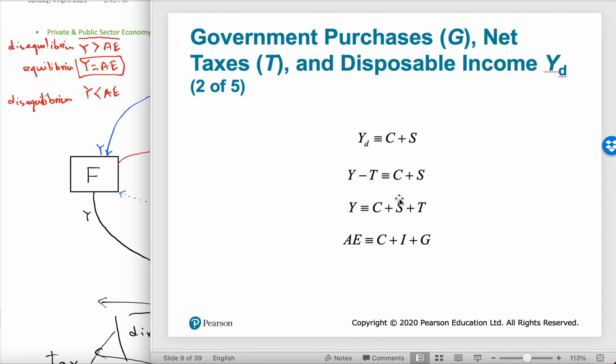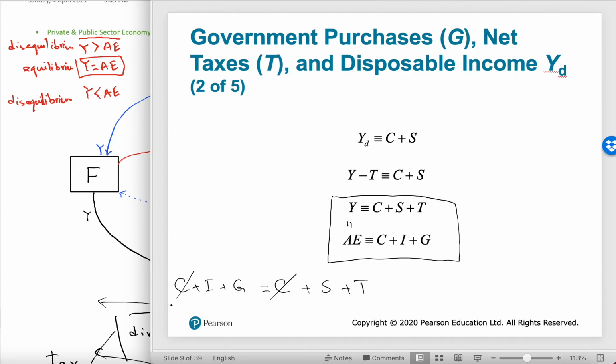So now let's see what the equilibrium would be. I already told you that it's going to be equating these two. If we equate this, then we are going to have equilibrium. And if we do that, I just write it here, C plus S plus T should be equal to C plus I plus G. So C can be offset.